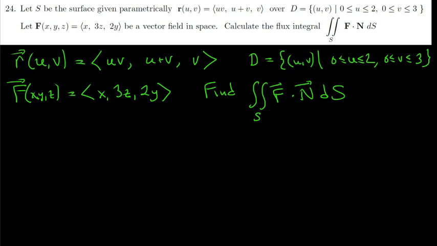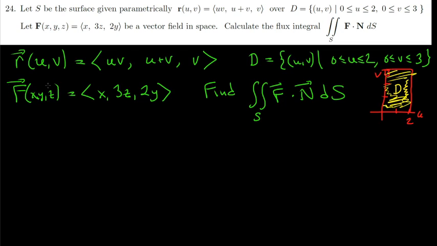We're given the bounds on u and v: u just goes from 0 to 2, and v just goes from 0 to 3. So in the uv plane, this is just a rectangle of height 3 and width 2. This is what I'm calling D here. It's just this rectangle.